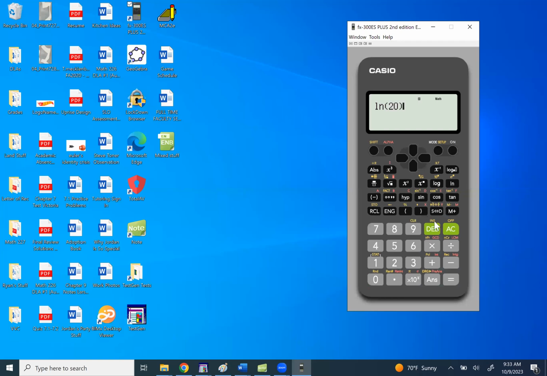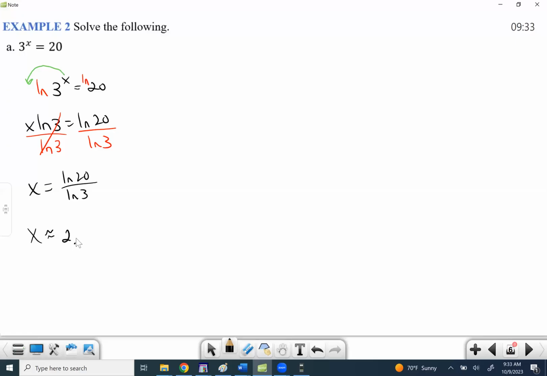Make sure you close your parentheses, you guys. That's the biggest mistake I see. Natural log of 3. All right, so we'll say 2.7268. There's a 3 here, so we won't round it up. 2.7268.